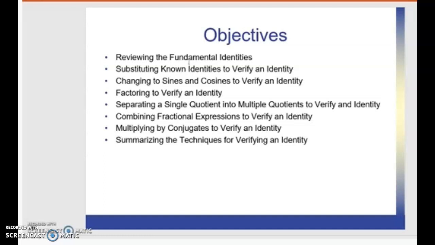Details about our objectives are here, but in short, we will be looking at identities, old ones and some new, and then we will also be using these to prove other identities, along with using some of the algebra skills you brought with you to Math 172 for verifying additional identities.